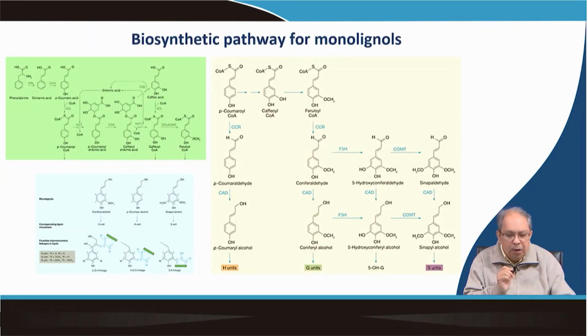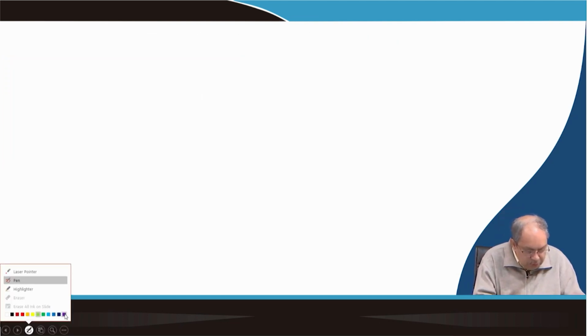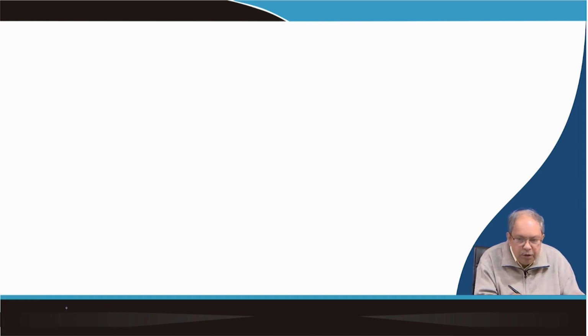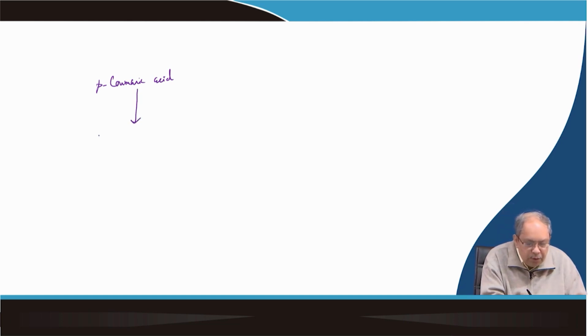So, now what is known? I better use this whiteboard, because the structures I will show in the next slide, since drawing structures will take time and I will not finish in time. So, 4-coumaric acid or para-coumaric acid cannot directly convert into caffeic acid, but it is first converted into para-coumaroyl CoA.